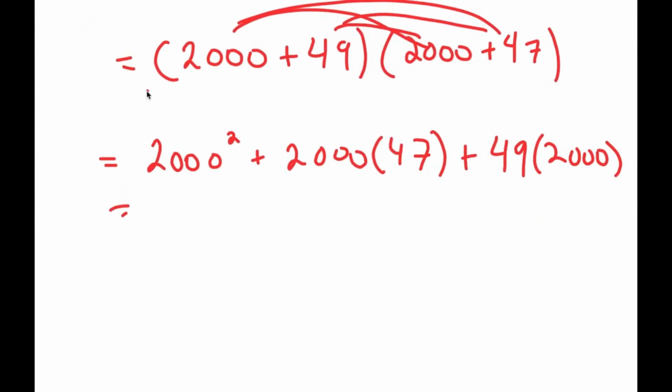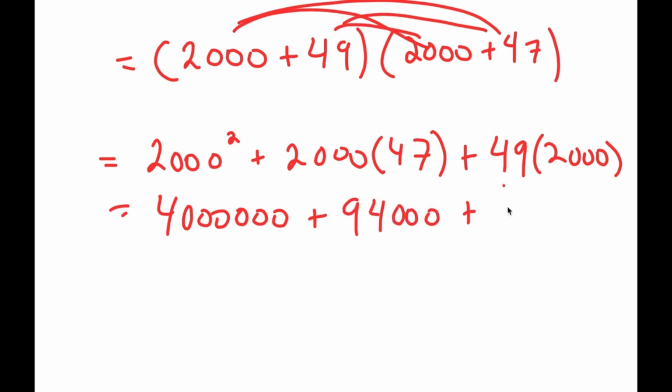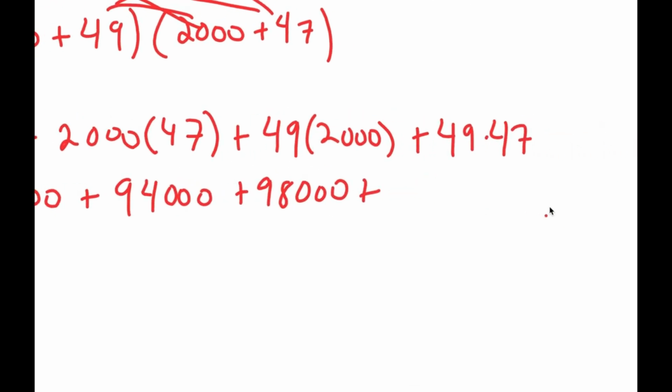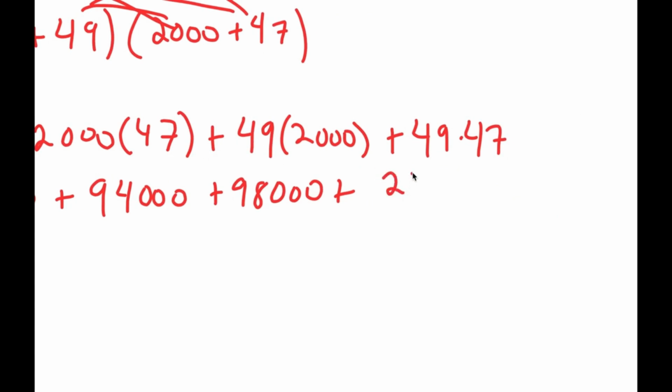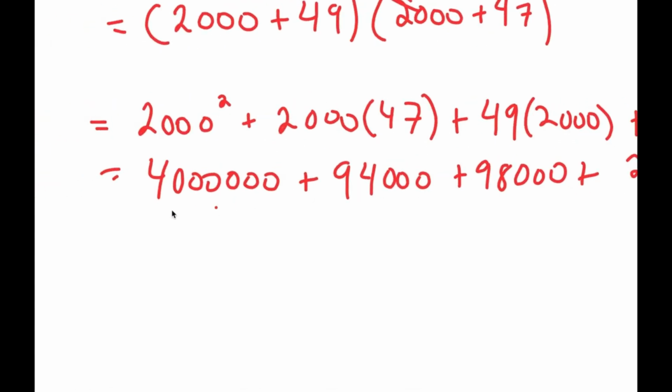Now 2000 squared is going to be 4 million, plus 47 times 2000 is 94,000, plus 49 times 2000 is 98,000. And finally, 49 times 47 is 2,303.